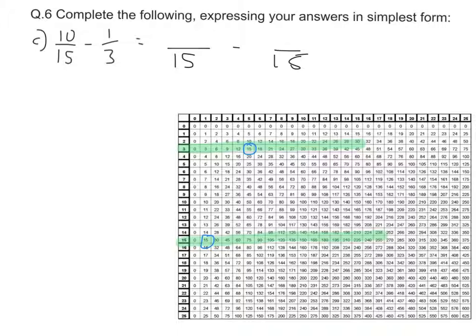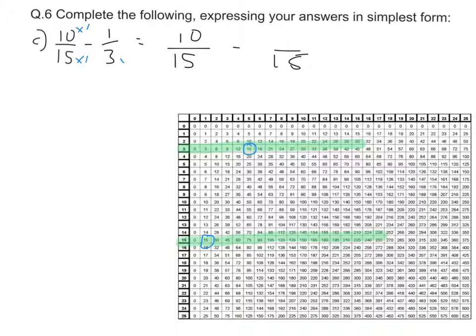Okay. Now I got 15 here by multiplying 15 by 1 equals 15. So I multiplied that by 1, and whatever I do to the bottom I do to the top, and 10 times 1 is 10. Okay, so for this one here I got 15 by multiplying 3 by 5 equals 15.